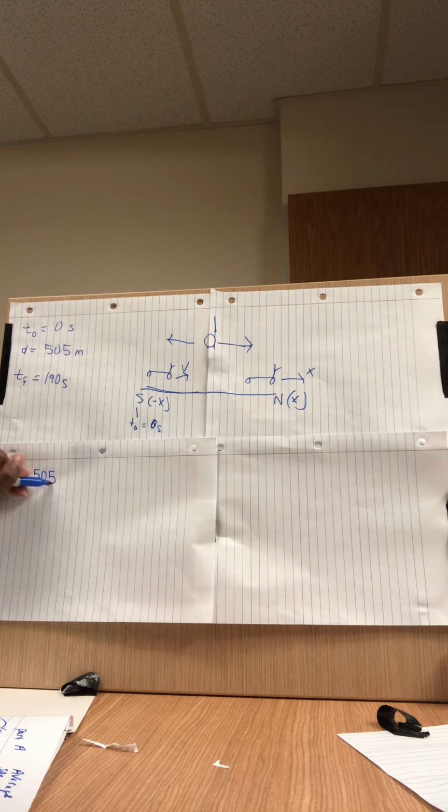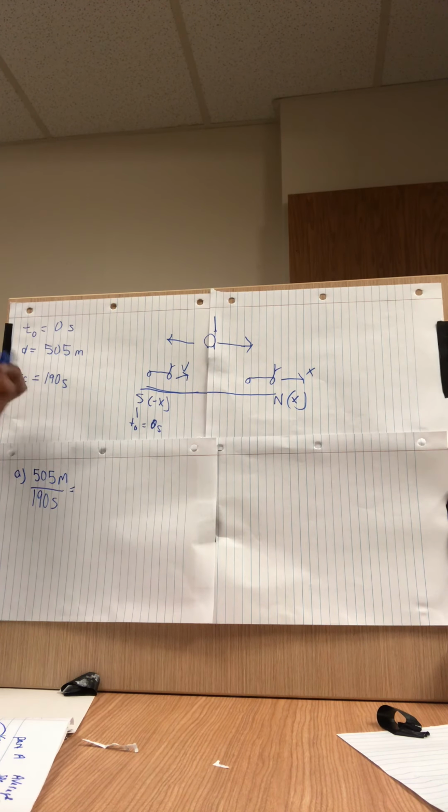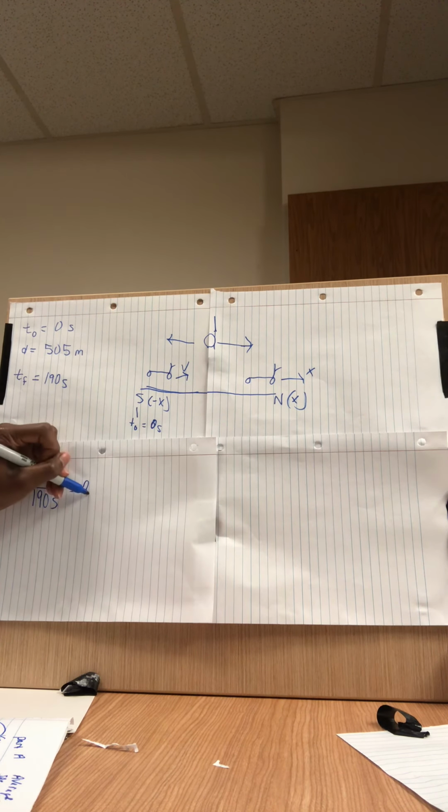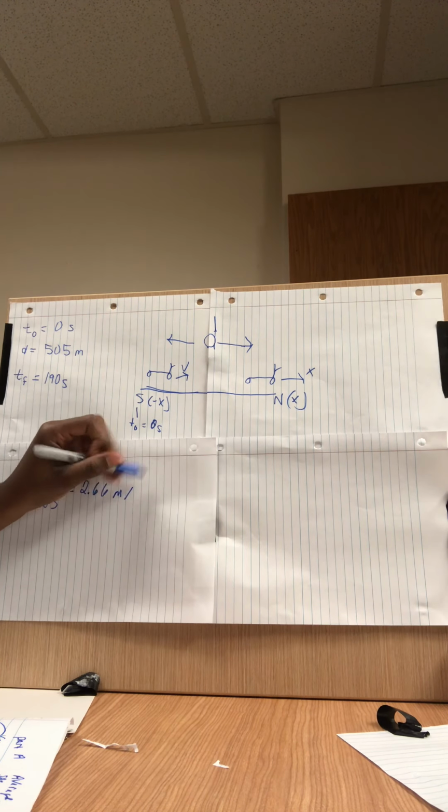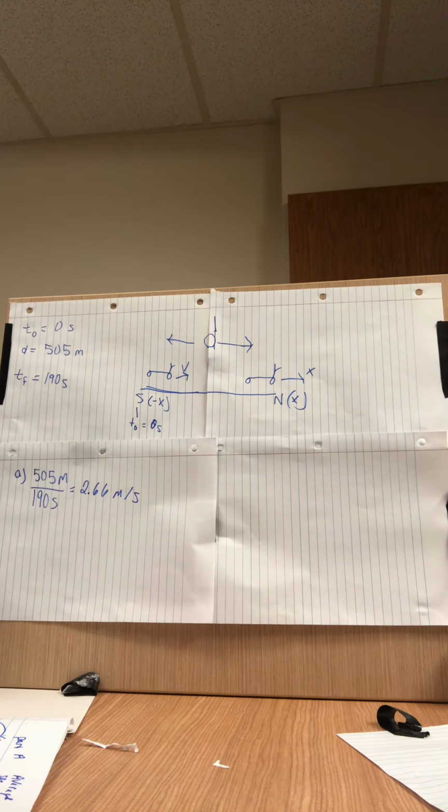So we do 505 meters divided by our elapsed time, which would be the time final, which was 190 seconds. Then we divide this and we will get 2.578. So I was just going to round it to 2.6 meters per second, which would be the answer.